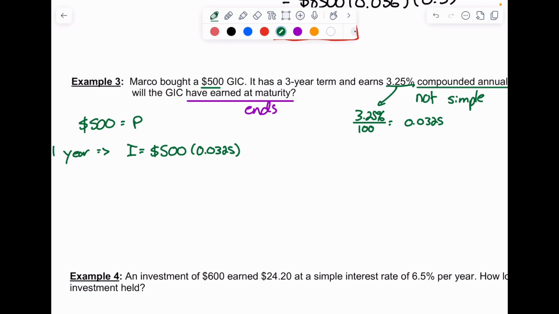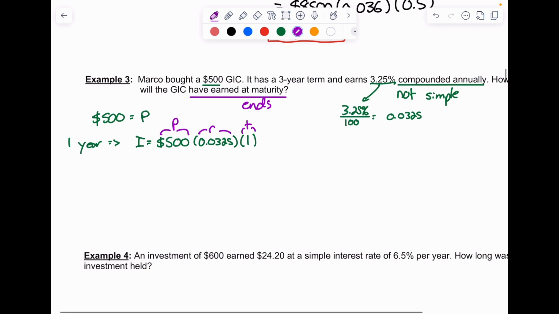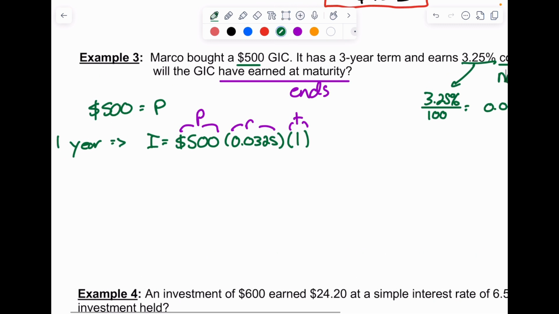And then times our time. This is only 1 year, so we're only going by 1 year. So this is your P right here, this is your R right here, and this is your T. So how much interest have they earned in the first year?